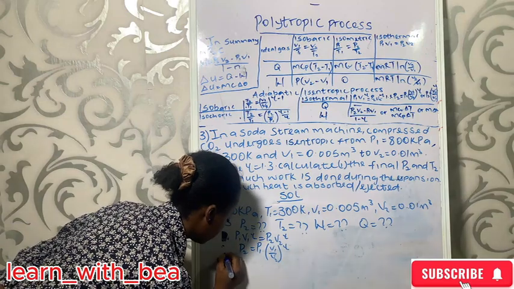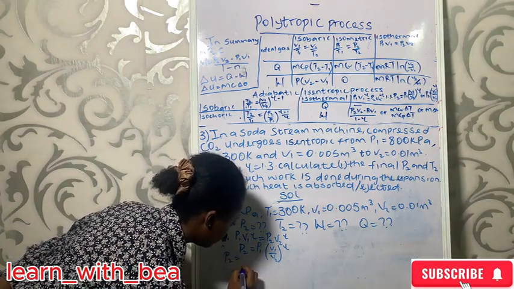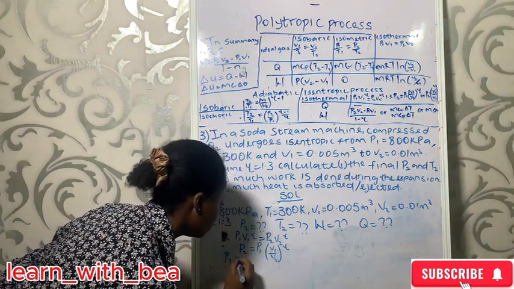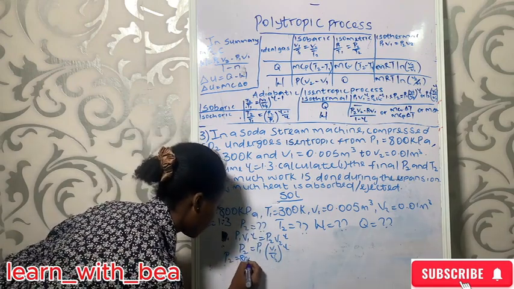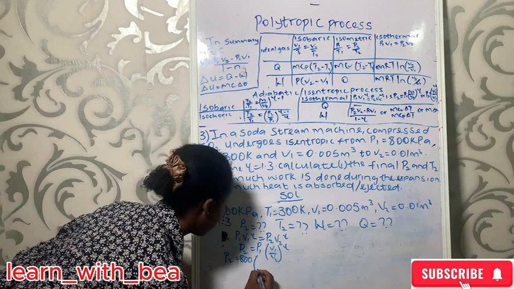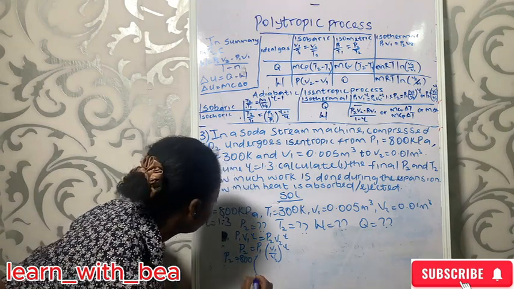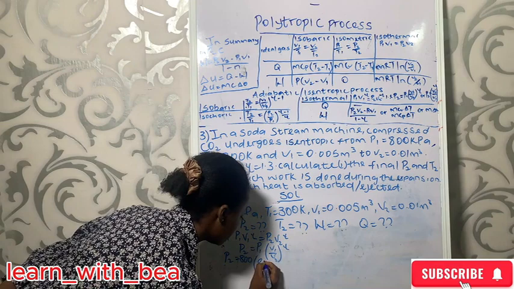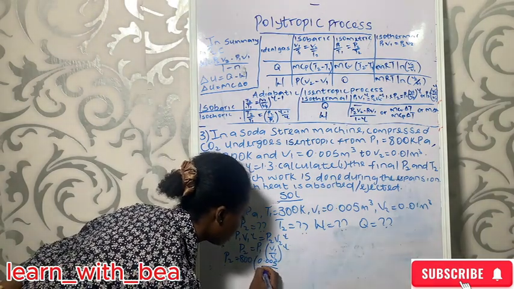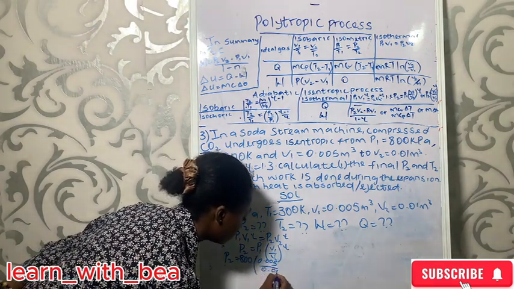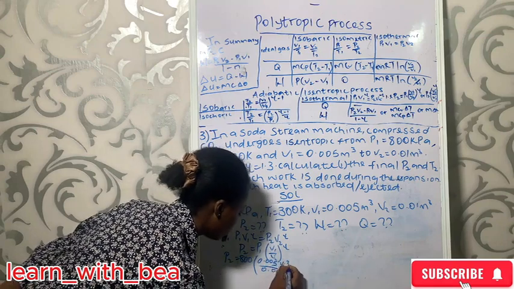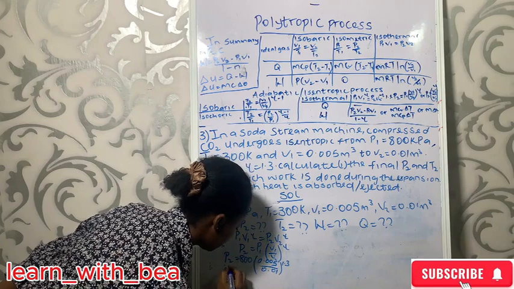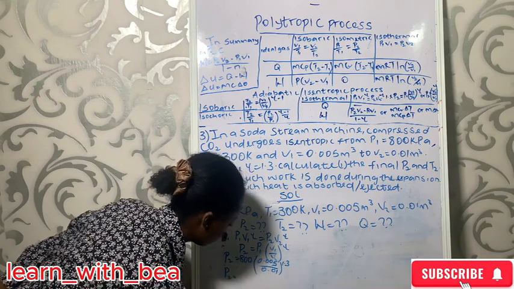So our P2 now is what? P1 is 800. What's V1? 0.005, then 0.01, all raised to power. What's our gamma? 1.3. So let's calculate this to know what our P2 is.